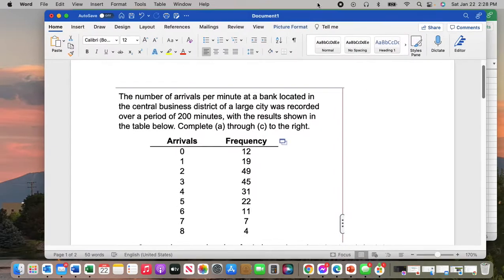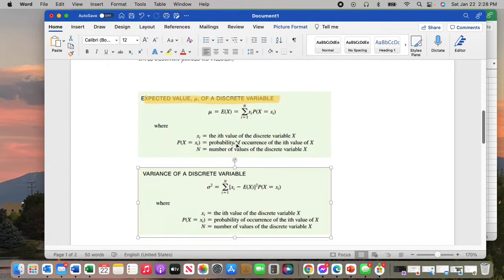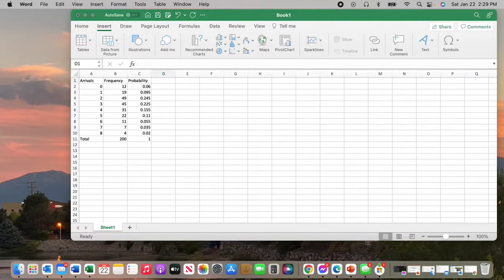Okay, so now that I have that, we can follow what the book is telling us, or we can look at the formula here. And here's our formula. So mu is the expected value of x, and here is the formula where basically we need to add up the values of the discrete variable x multiplied by their probabilities. Here is the probability of the discrete variable x, and the number of values of the discrete variable x. So what we're going to have to do here is really simple.